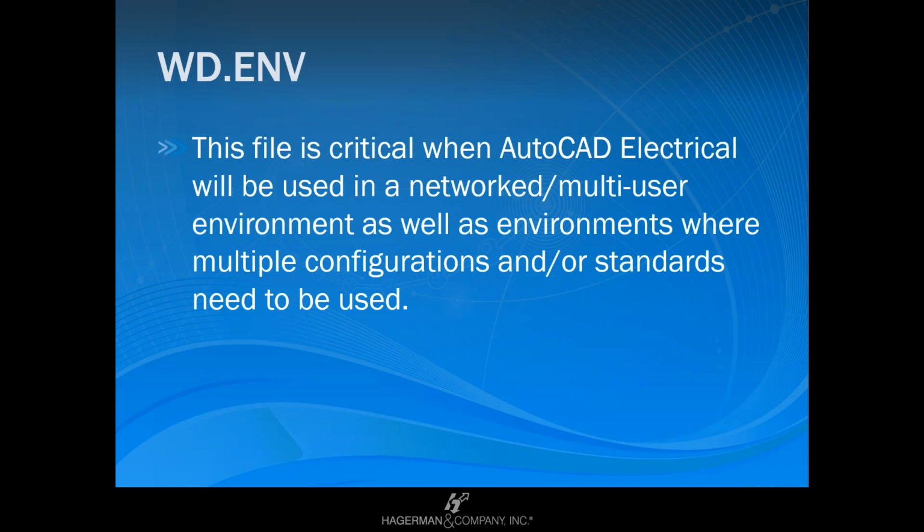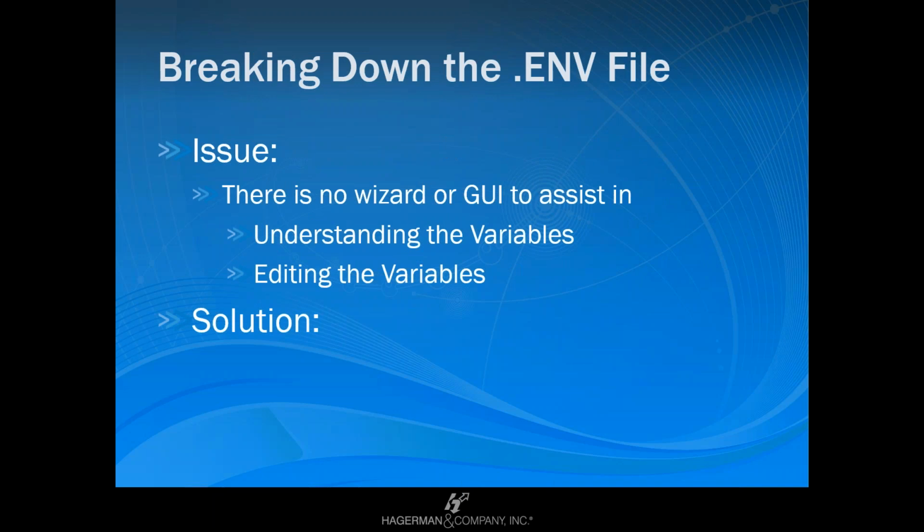It's just, again, it's not an easy file to necessarily understand. As I just said, even according to the Autodesk Knowledge Network, there is no wizard, there is no graphical user interface, not only to edit that file, but there's also no real help. There's not a true help file that puts what each of these variables does in what I consider human or engineering language, which is obviously showing a lot of graphics and truly explaining it.